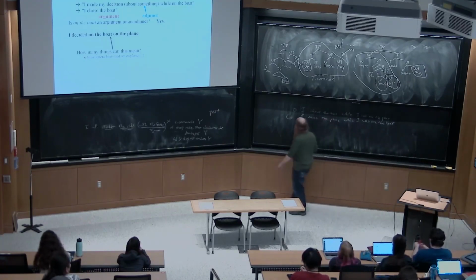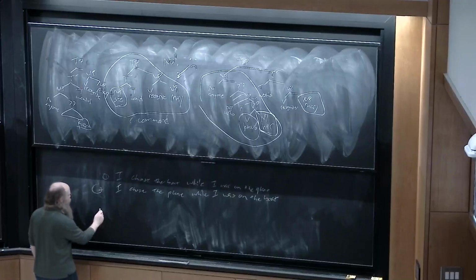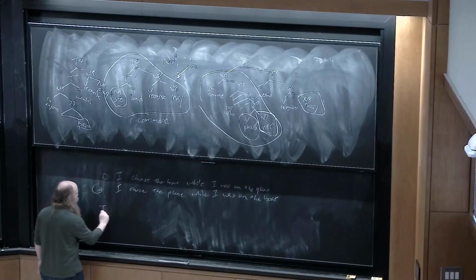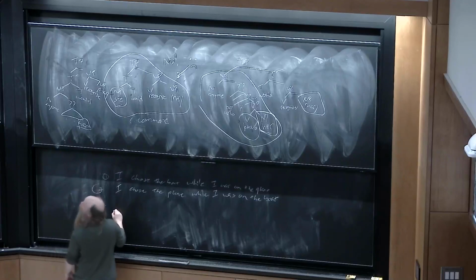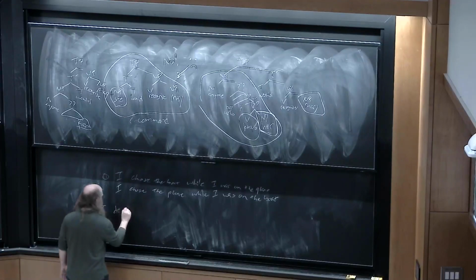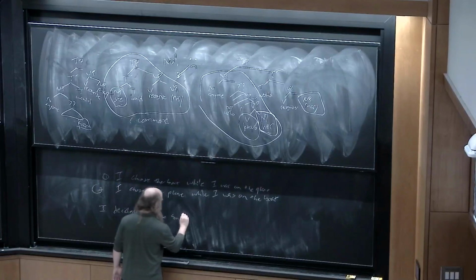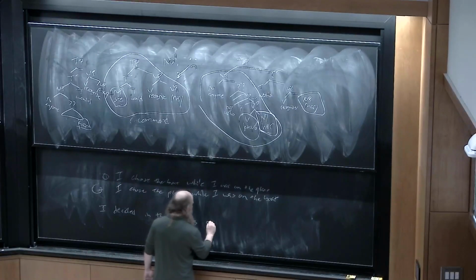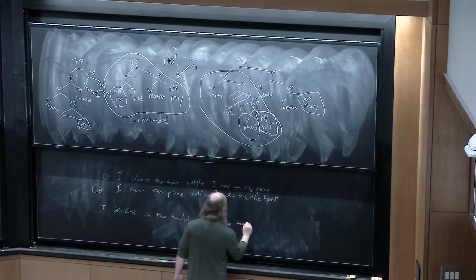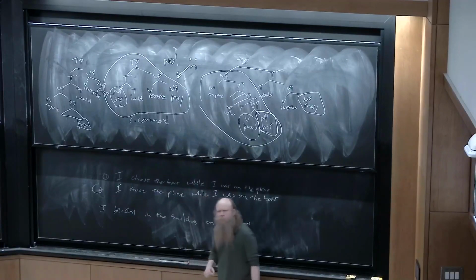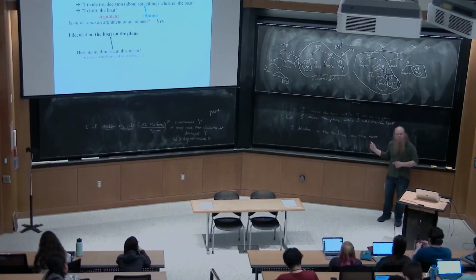Okay, so now we've had 2 votes for changing some of the prepositions, so I'll stop fighting it. We could also be thinking about I decided in the building on the boat. Is this grammatical?